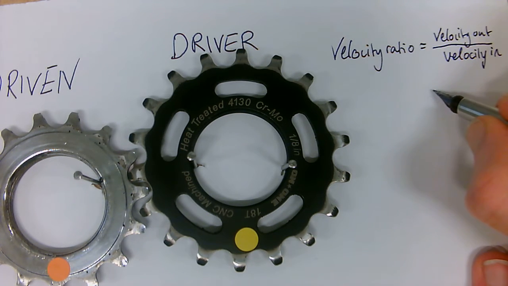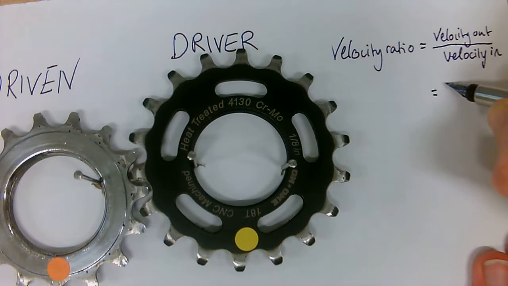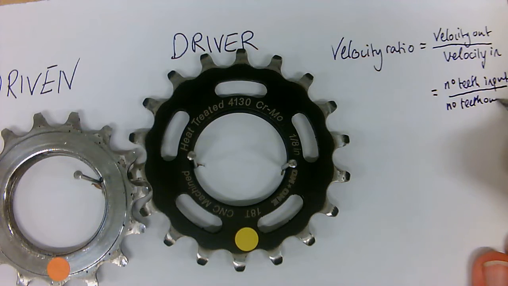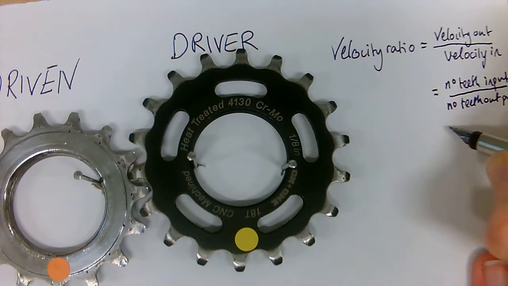Now we can get our velocity ratio by looking at the number of teeth on the input gear divided by the number of teeth on the output gear.